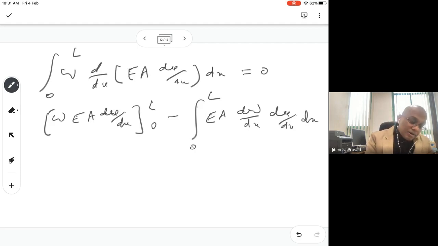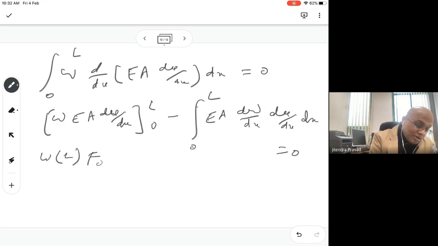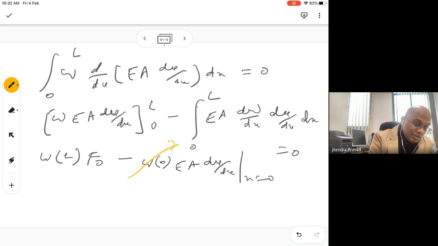Fine. Okay. And this is equal to 0. Here we put the value. So we know that if you put this F naught, this becomes W at L multiplied by F naught, minus W at 0 times EA du over dx at x equal to 0. So we know that this value becomes 0.